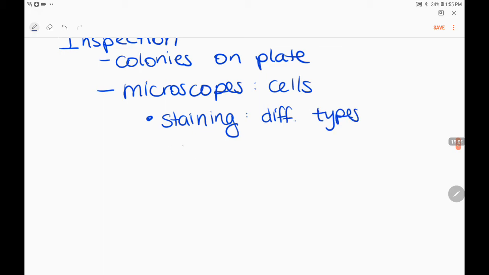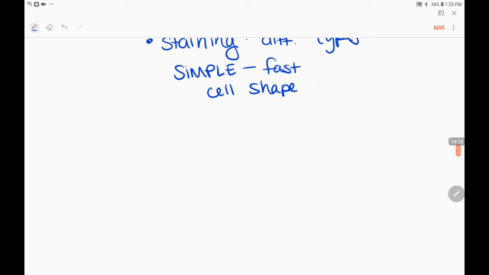A simple stain is fast and doesn't show us anything other than maybe cell shape and cell arrangement. Cell shape is going to be rods, spirals, spheres.